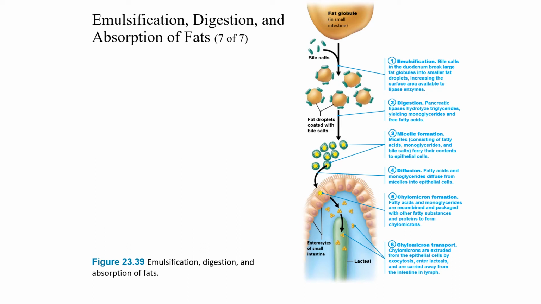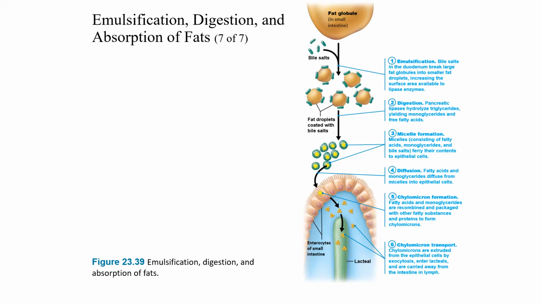I like this picture because it shows you how emulsification takes place. So you got a fat globule that's in the small intestine. Bile has been dumped into the duodenum, and you have bile salts that attach to the fat globule.